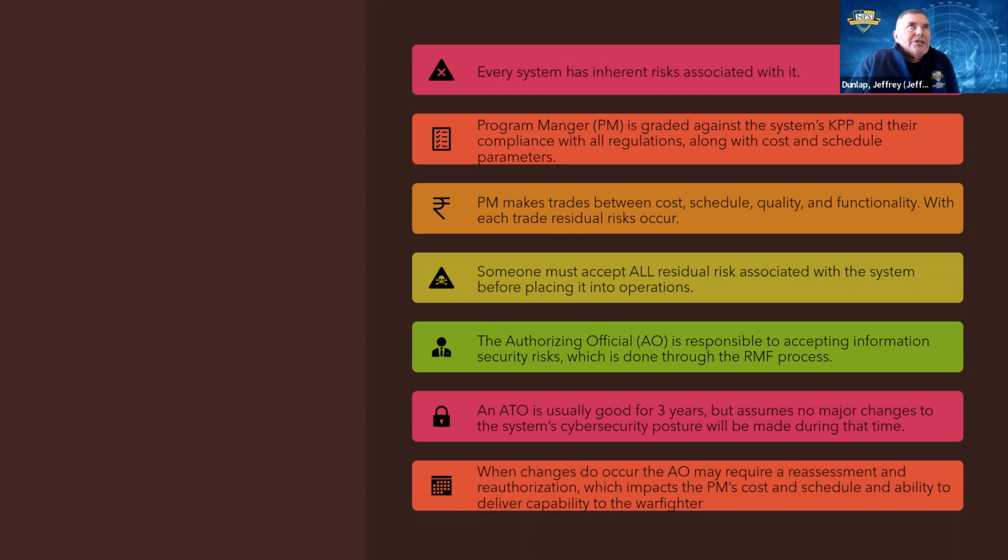If we want to change the thing that already had the ATO, ultimately the authorizing official has to reassess and make sure that we're delivering good capability. And this is the reason we sort of get stopped, right? If I was like, hey, this is a low risk change. All I'm doing is updating this capability.